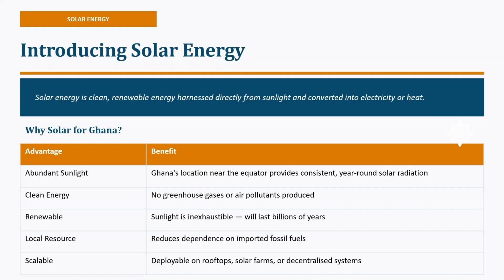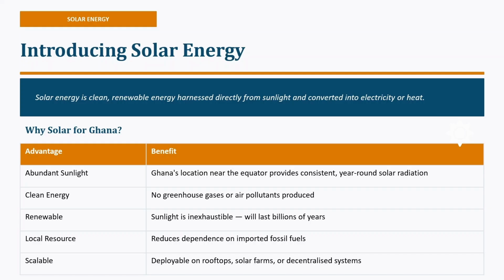Now, to do that, we would need a device called a solar panel. So with a solar panel, we'll be able to take advantage of the sun's energy, and we want to do that because it's clean and it's renewable.